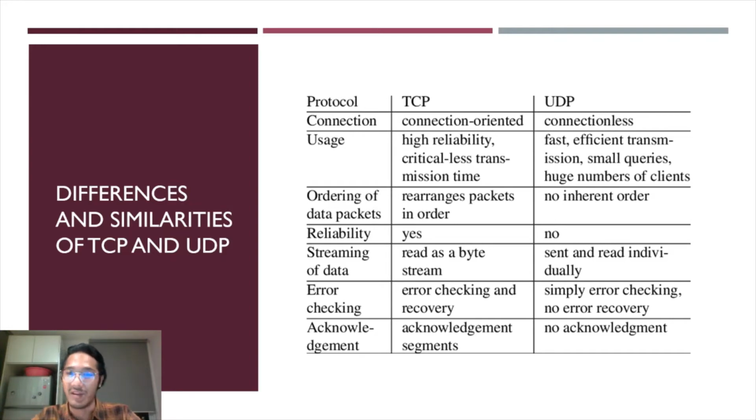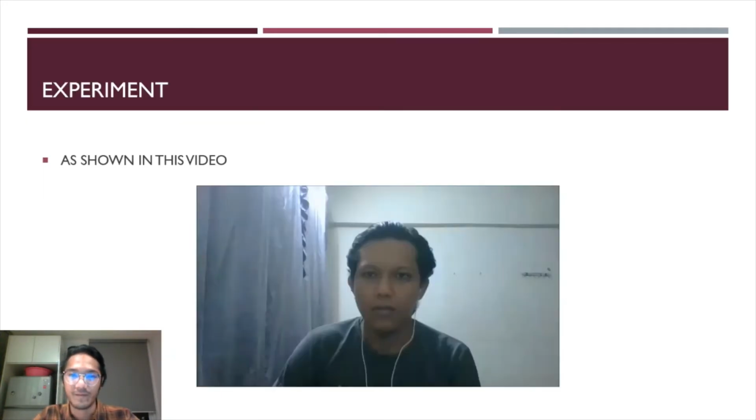For reliability, TCP of course yes, and UDP no. For the stream of data, TCP reads a byte stream, and UDP sends and reads individually. For error checking, TCP does error checking and recovery itself, and UDP only does error checking with no error recovery. And last but not least, acknowledgement: TCP has acknowledgement segments, and UDP has no acknowledgement.